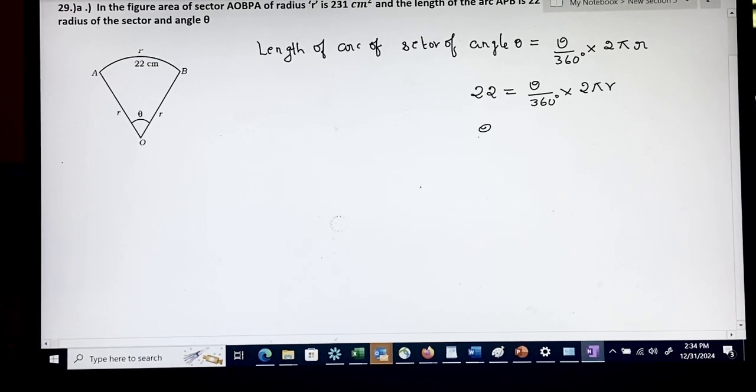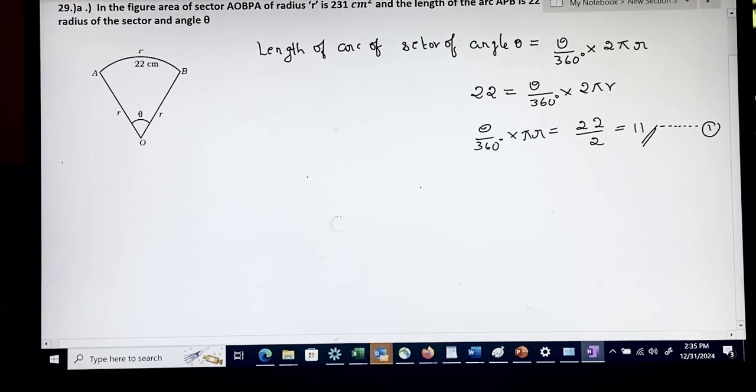So theta by 360 degrees into pi r is equal to 22 divided by 2, that is 11. I'll name this equation 1.